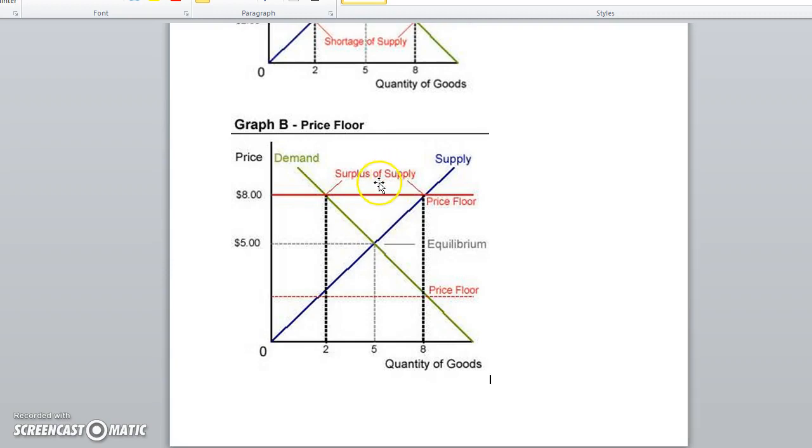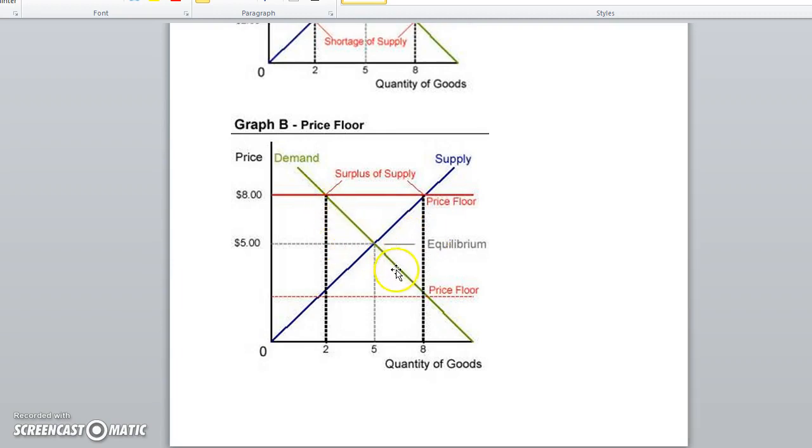It creates a shortage of jobs, because the demand is from the employer's point of view, and those employers only want to hire 2 people. But at a higher price, the workers want to supply their labor, and that's 8. So there's a surplus of 8 minus 2, which is 6 workers, theoretically, in our minimum wage model.